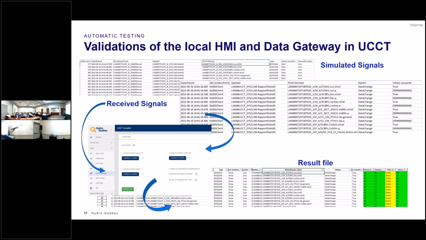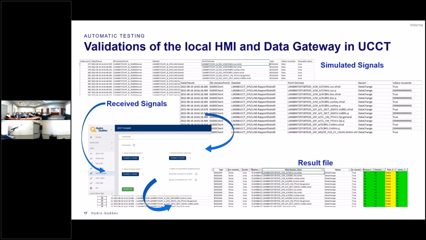Those two files were input in our in-house software, which made the analysis easier afterwards, and it was giving us a result file where we had the different validation at the bottom in green and yellow based on the presence of the signal. So if one of the signals is simulated, we should expect to have the same one on the other side. So that was the case.